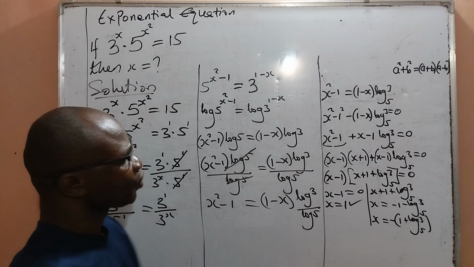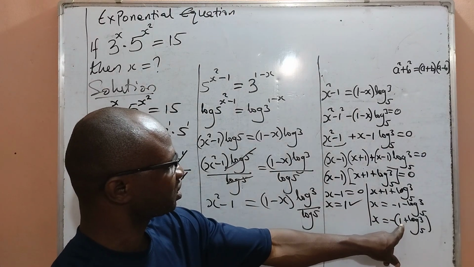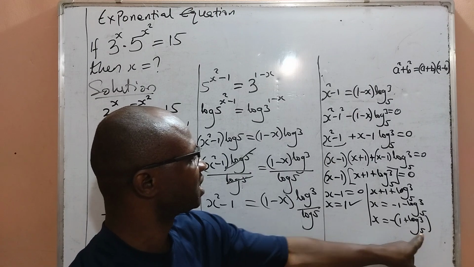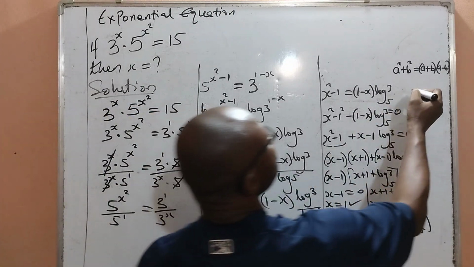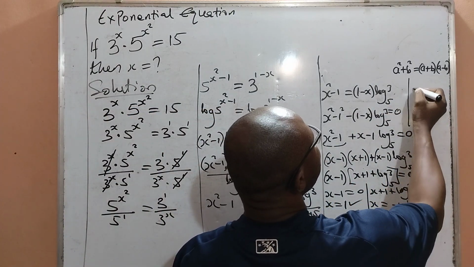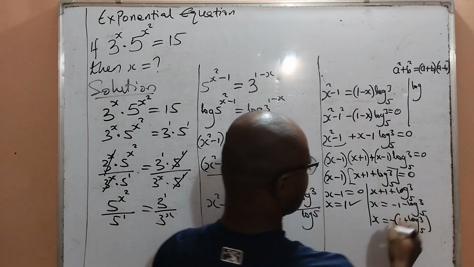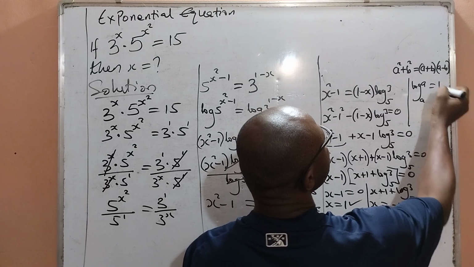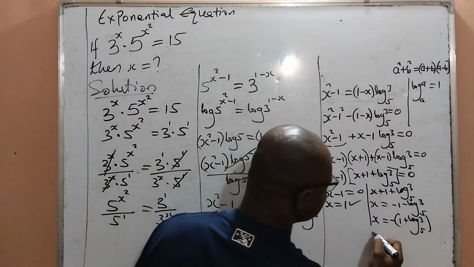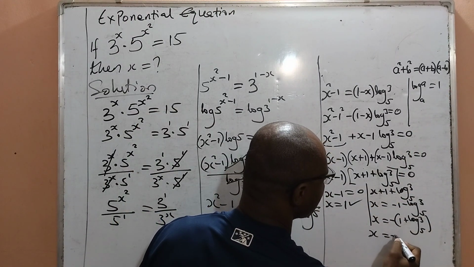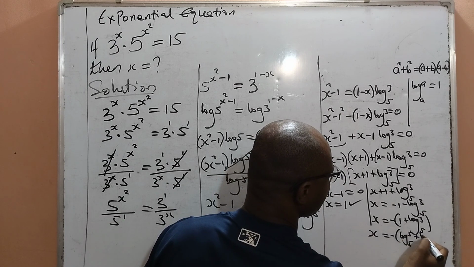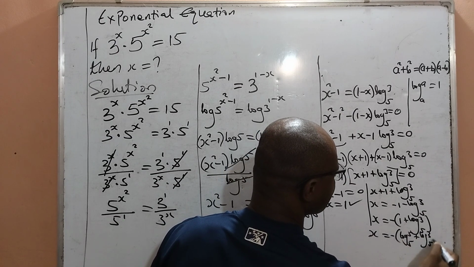But then, we can change this 1 to be in the same base as this. Note that log a base a is equal to 1. Meaning I can write x equal to minus (log 5 base 5 plus log 3 base 5).